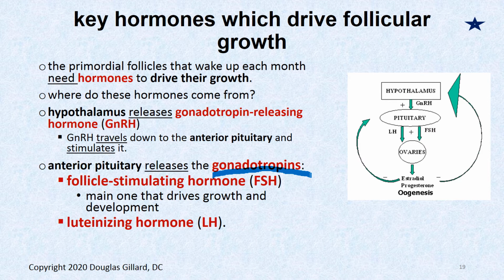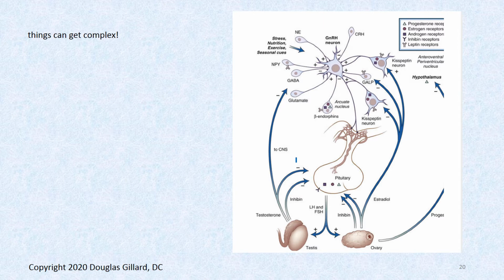Follicle stimulating hormone is the main one that drives this follicle development. Folliculogenesis, it's sometimes called. And we could get crazy complicated, right? But we won't. Inhibin is the thing that does shut things down. We'll talk about this, I think, on the very last slide. But the follicle, what's left of the follicle, actually secretes inhibin and shuts this whole mechanism down, as we'll see.